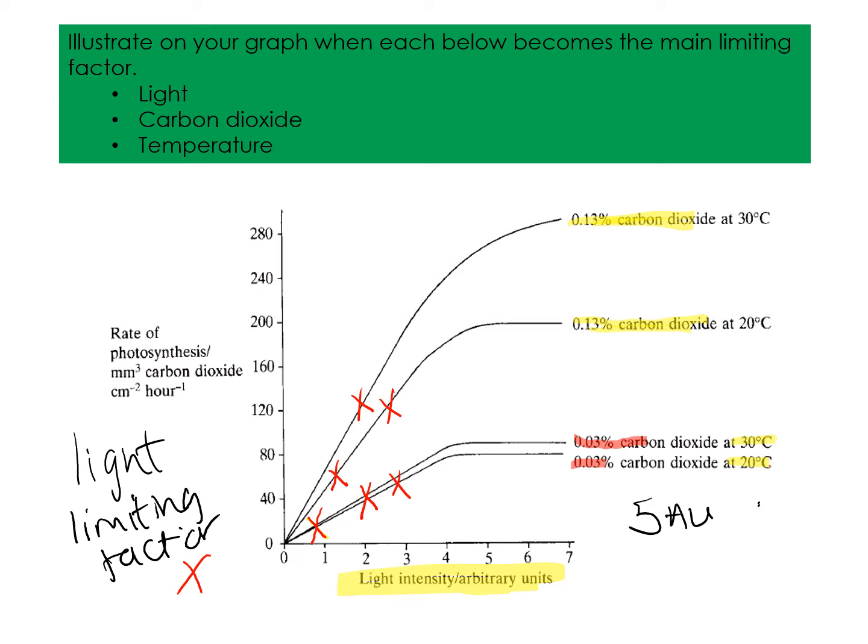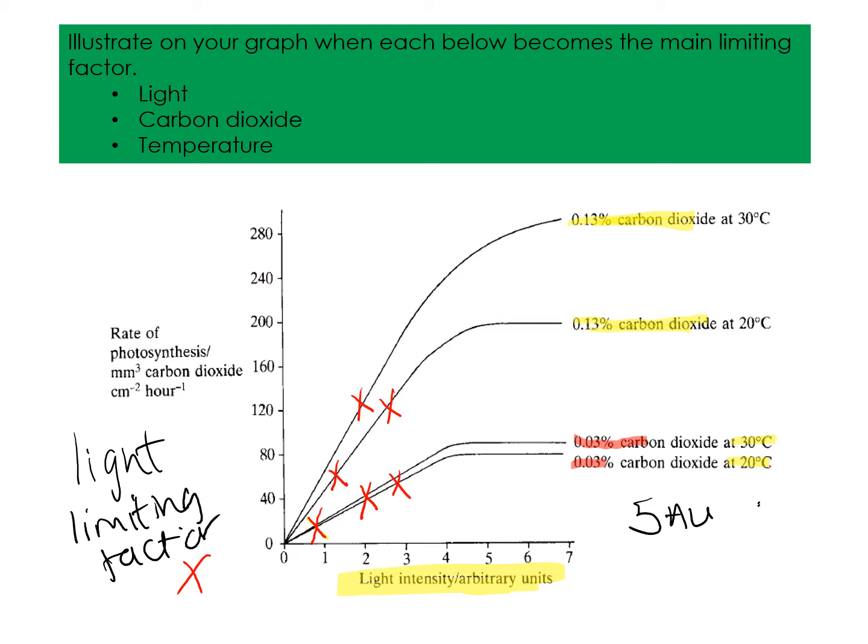Whereas at a high concentration of carbon dioxide, the return in increasing your temperature is much bigger. And if we compare the same temperature and increase the carbon dioxide concentration, you can see that we've got a massive increase in rate of reaction at both temperatures. So you can quantify by how much the reaction was limited by each of these factors.